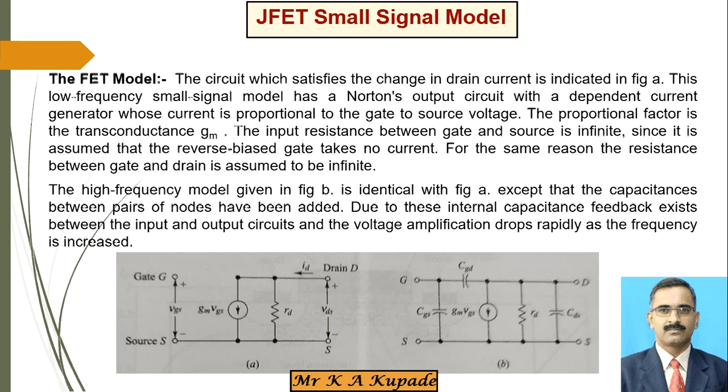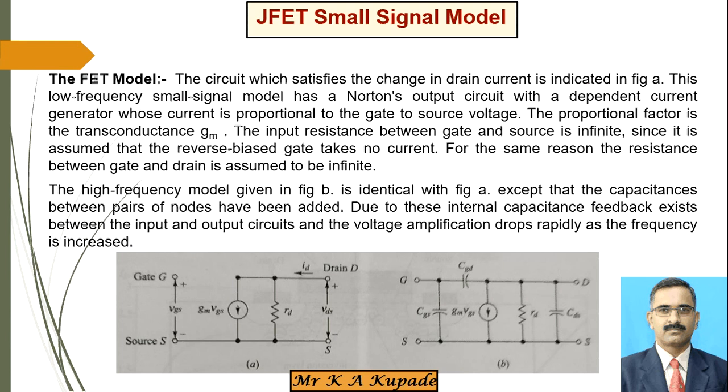Due to these two conditions, the voltage amplification for the high frequency model drops rapidly because the internal capacitance gives feedback to the input and output circuitry. As the frequency increases, the amplification drops rapidly.